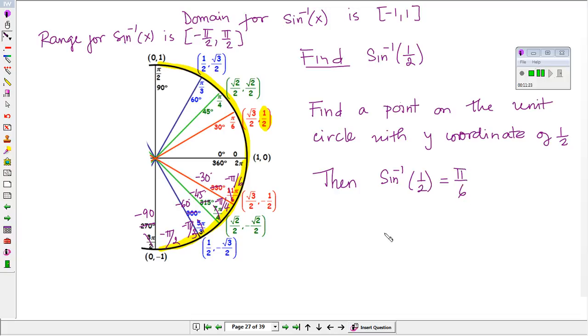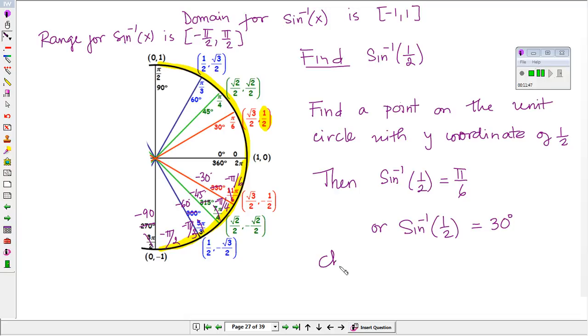So the answer will be pi over 6, or you can answer in degrees. So inverse sine of 1/2 is 30 degrees. So pi over 6 radian or 30 degrees.